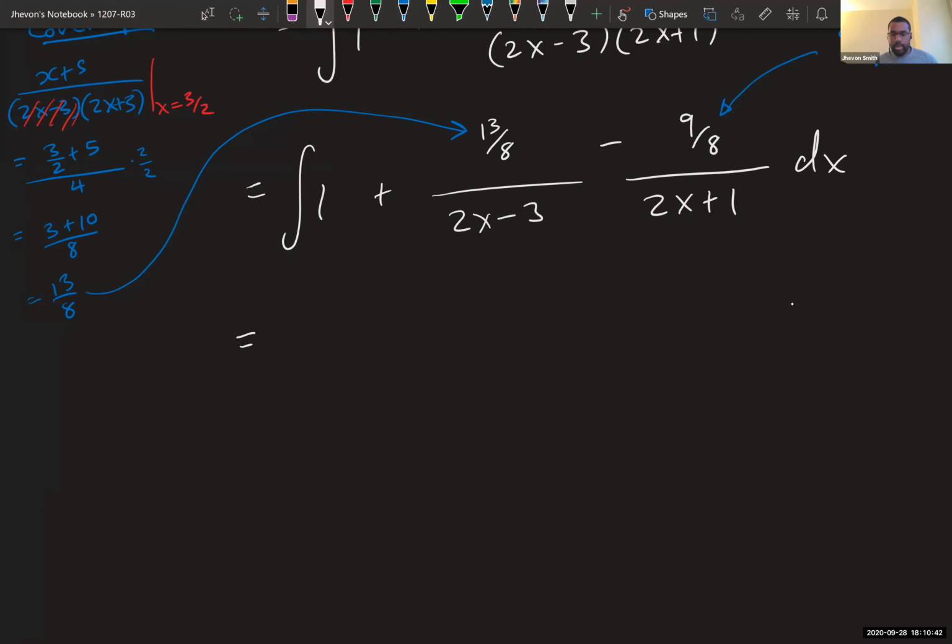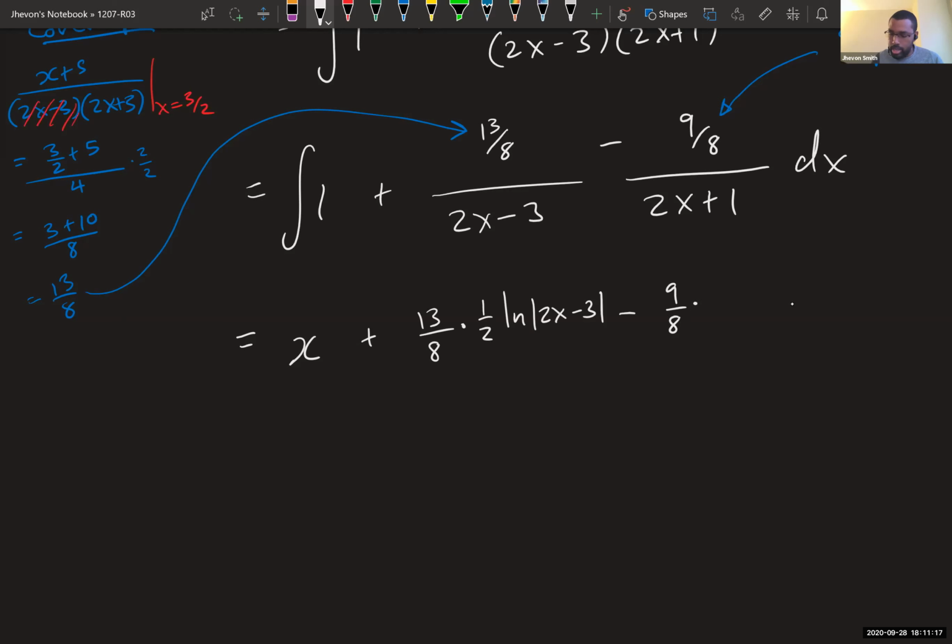Okay, now that you have that, what I did is I split that up into 3 separate integrals so I could pull the coefficients off of the fractions to make it easier for myself. And then I integrated: integral of 1 is x. And the integral of the other one, I got 13 times ln absolute value of 2x minus 3 all over 16, because you'd have to multiply by a half because of the substitution.